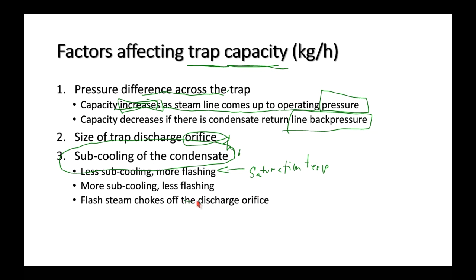And when it flashes, it's going to actually stay in the discharge orifice. The flashed steam is going to occupy some of the flow area of the orifice, and in doing so, that is going to be an obstruction. So if we're closer to the saturation temperature, then we get more flashing and less capacity. But if we are subcooled more, we get less flashing and more capacity.